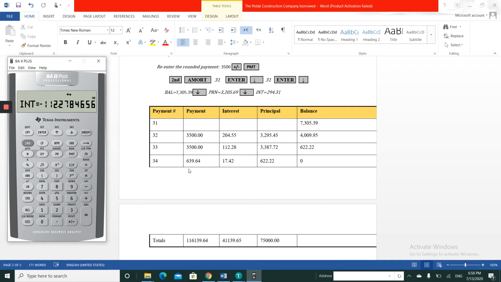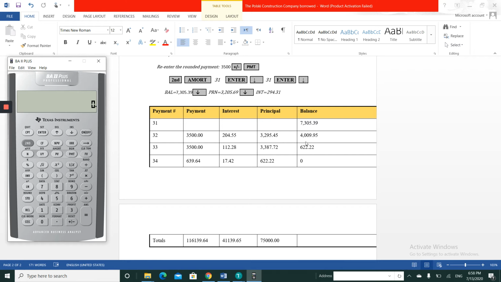Okay, for the last payment, I won't use the financial calculator's amortization function, because if I use it, the balance won't be zero. So to have a zero balance after the last payment, payment number 34, I use a formula to find the amount of interest and the amount of the last payment.